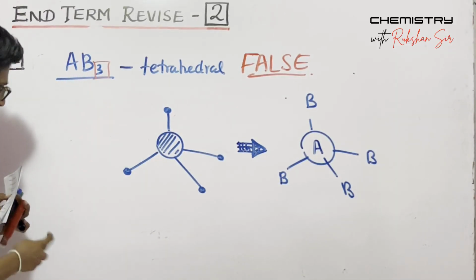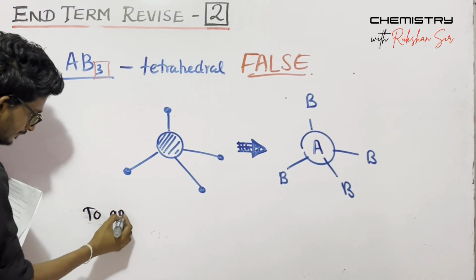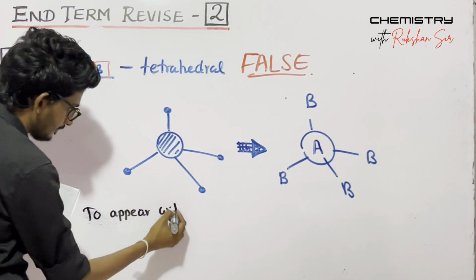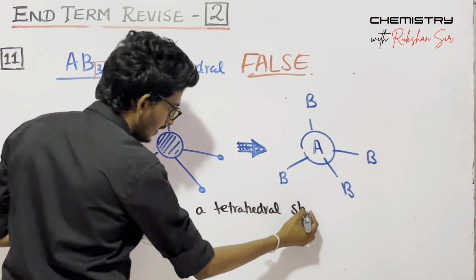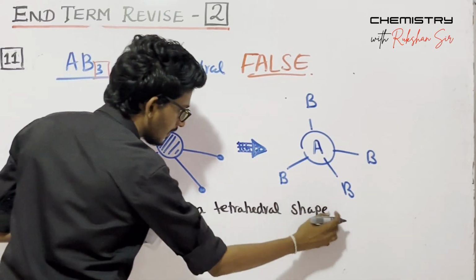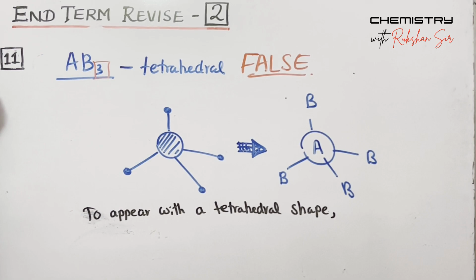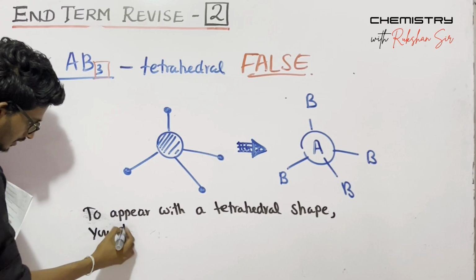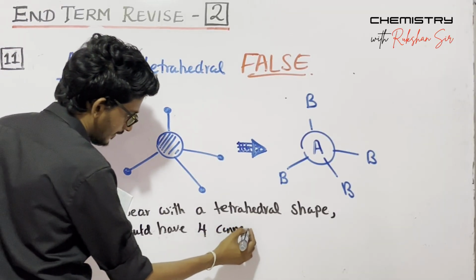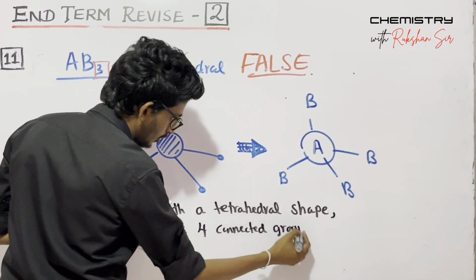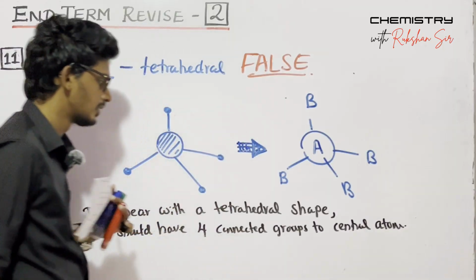If you need a review, you can write: to appear with a tetrahedral shape, you should have four connected groups to the central atom, right?